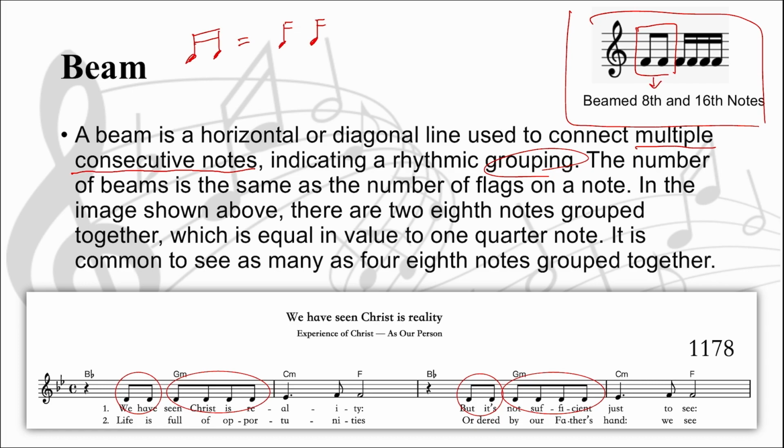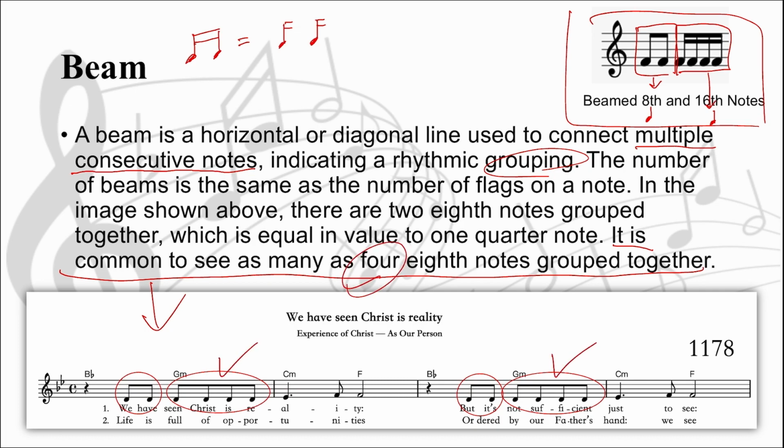So this equals this. And this one also equals a quarter. It is common to see as many as 4 eighth notes grouped together, as in the example here. This one and this one, 4, grouped together.